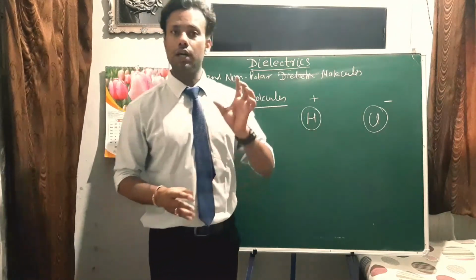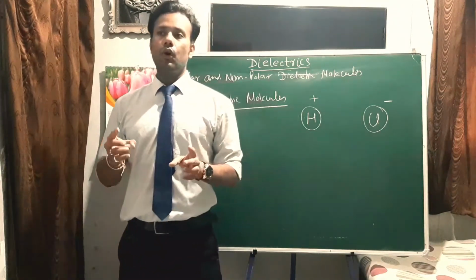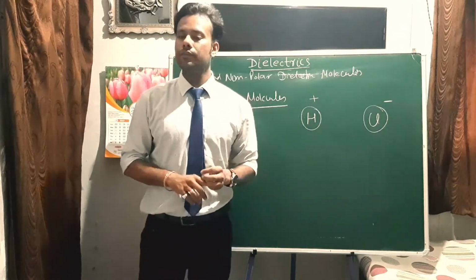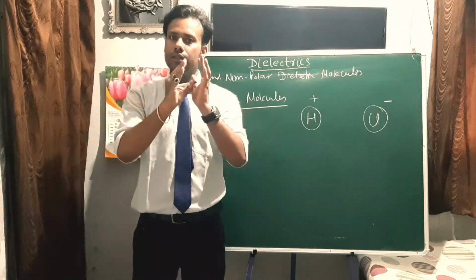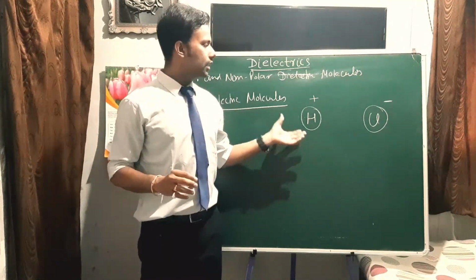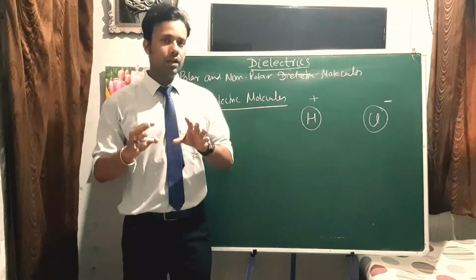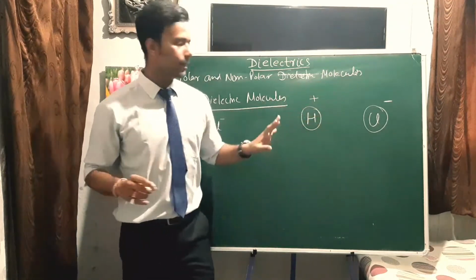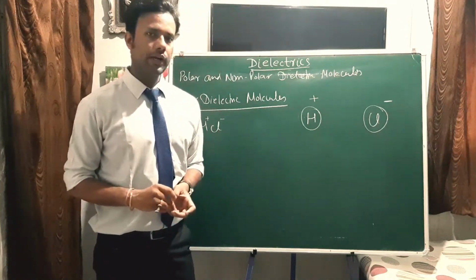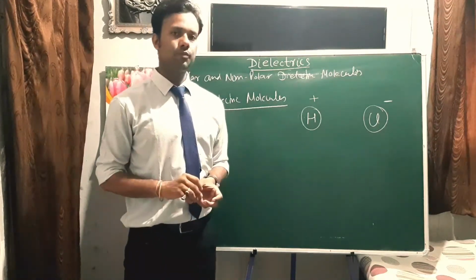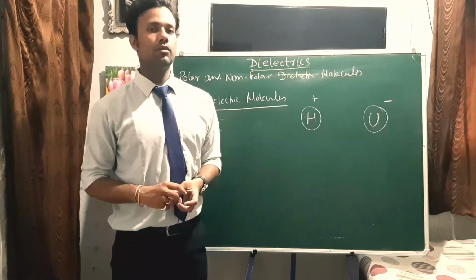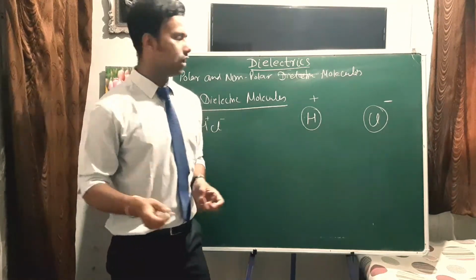A dipole is two charges of the same magnitude but opposite in nature, separated by a small distance, right? So you can see that this condition is satisfied here. These two ions are separated by some small distance, and obviously they have the same magnitude of positive and negative charge.